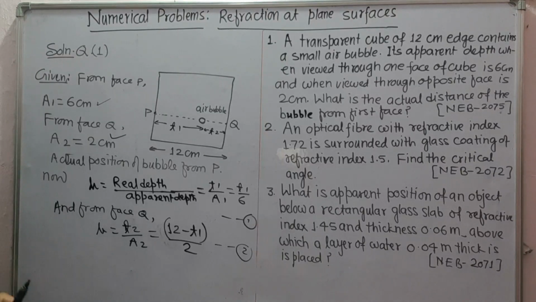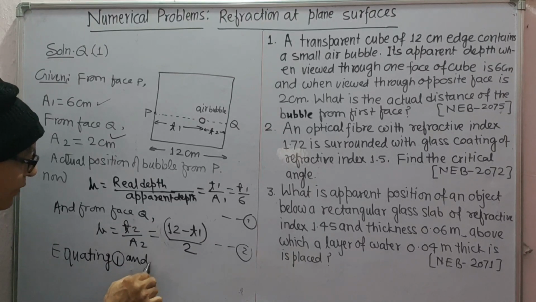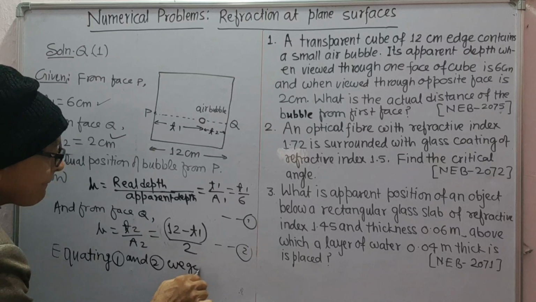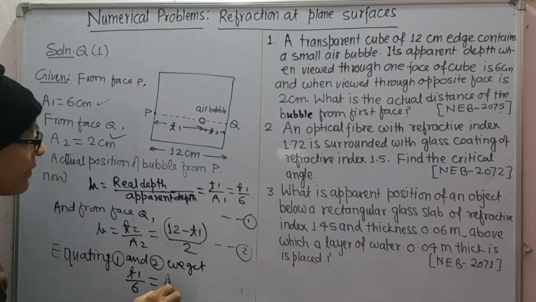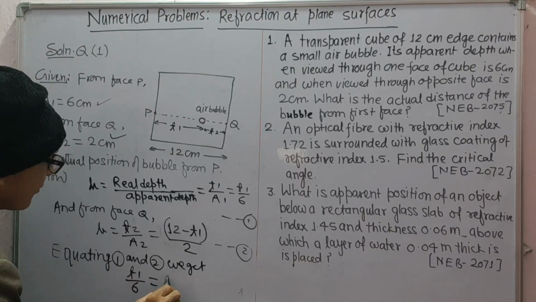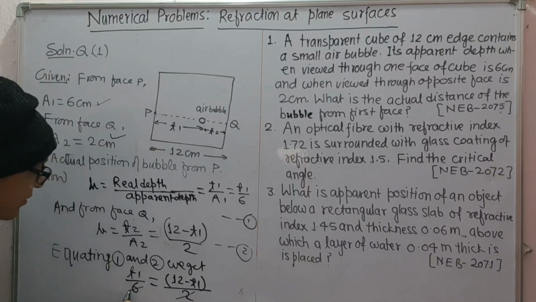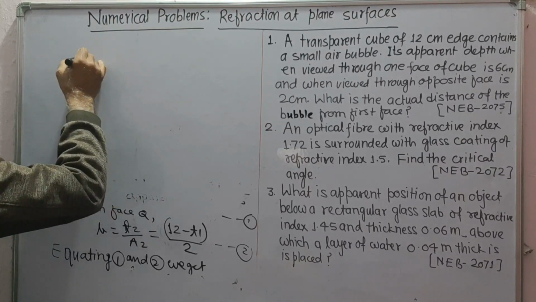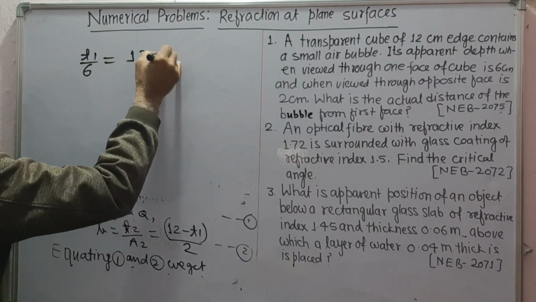Equating equations 1 and 2, we get T1 upon 6 is equal to 12 minus T1 upon 2.